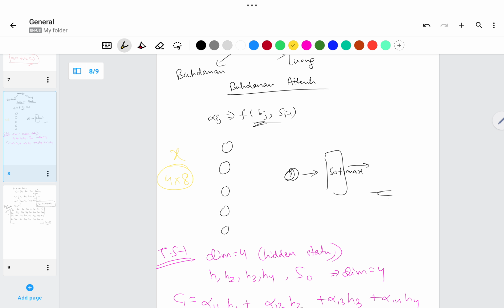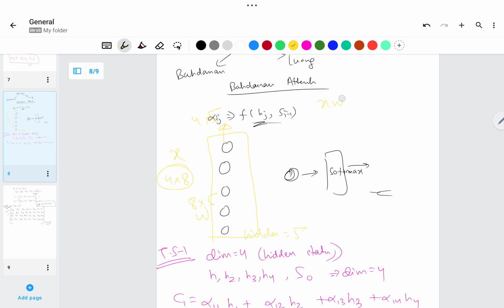Let's say the number of neurons in our hidden layer is equal to 5. So we take an 8 cross 5 weight matrix and a bias of dimensions 4 cross 5.